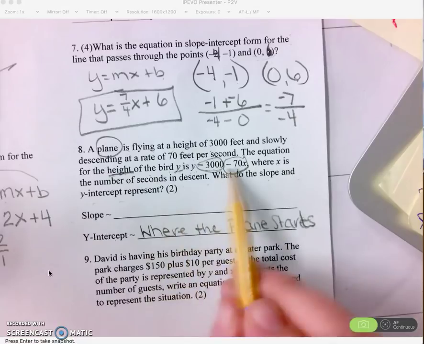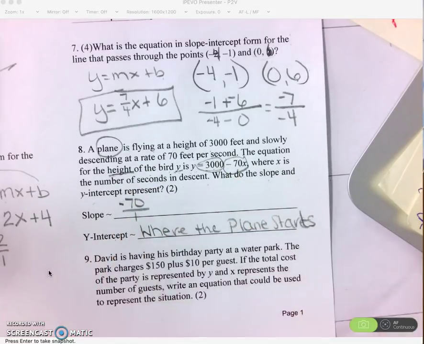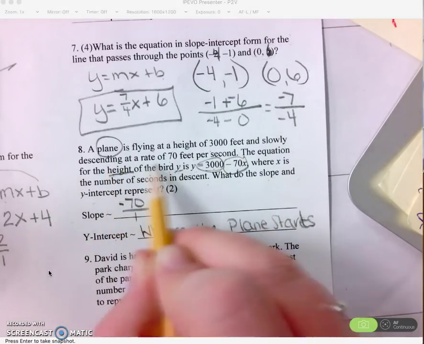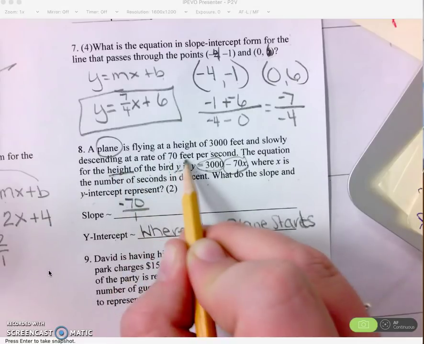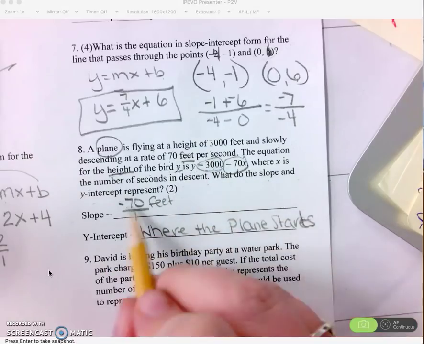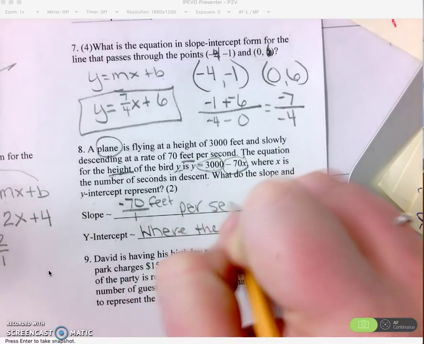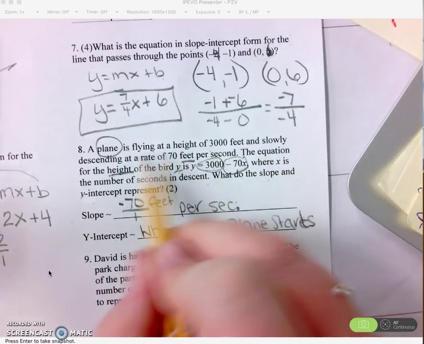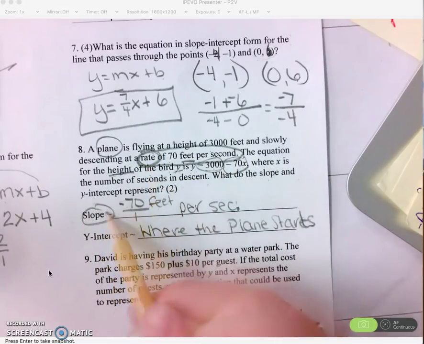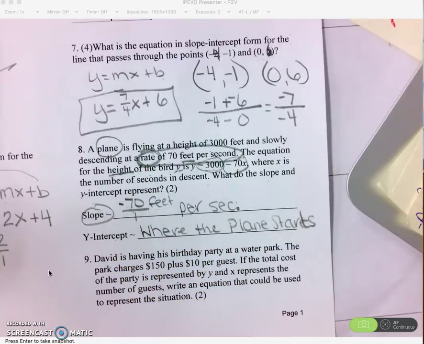So -70 over 1, if you think about it, that -70 is descending at -70 feet per second. So it's going down 70 feet per second. So rate and slope are going to mean the same thing. Rate and slope, so negative 70 feet per second.